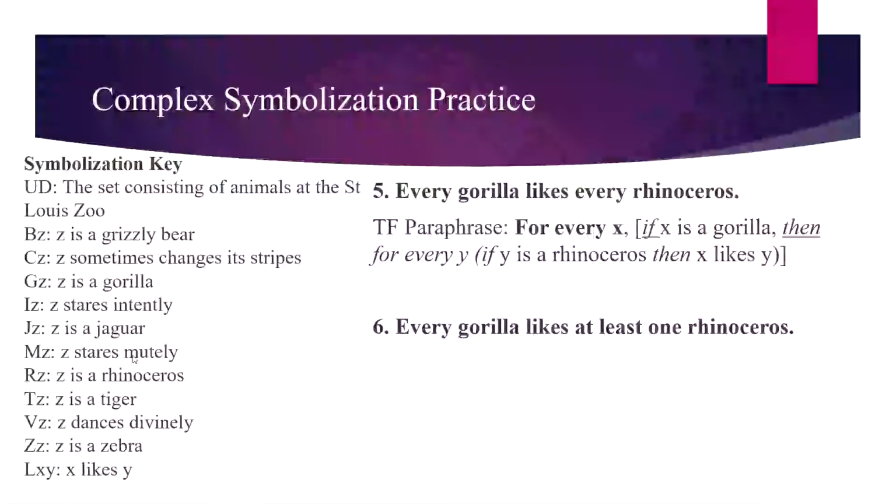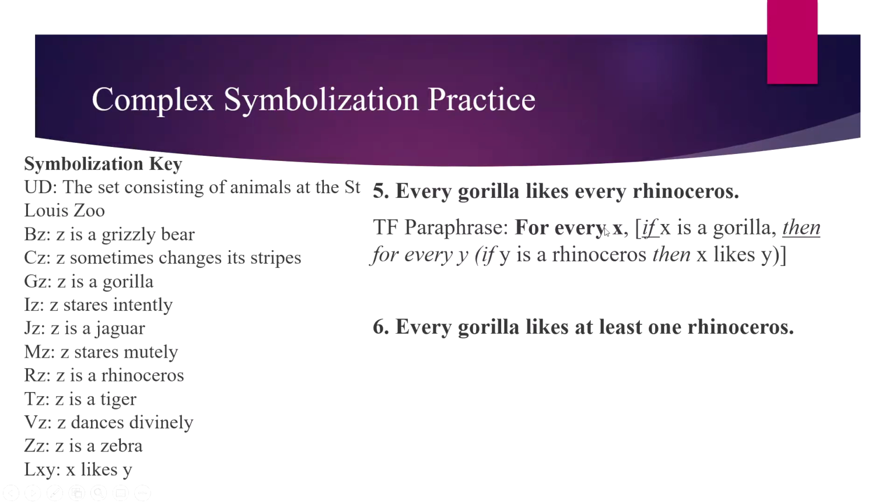So we're going to do it the same way with a universal quantifier and then a material conditional. So now our completed paraphrase, we have for every x, if x is a gorilla, then for every y, if y is a rhinoceros, then x likes y. So for every gorilla, they like everything that is a rhinoceros, right?